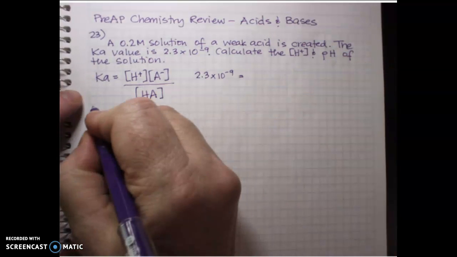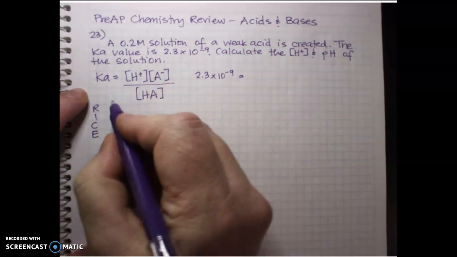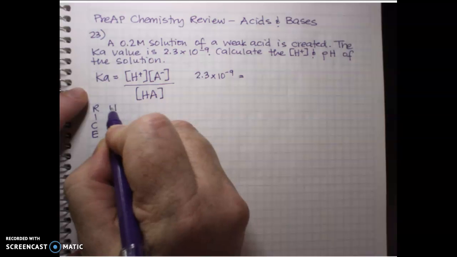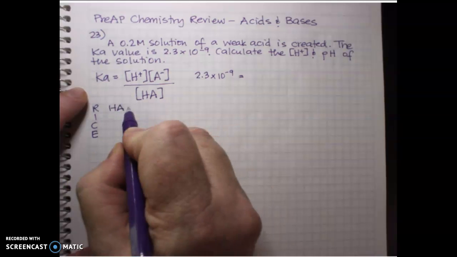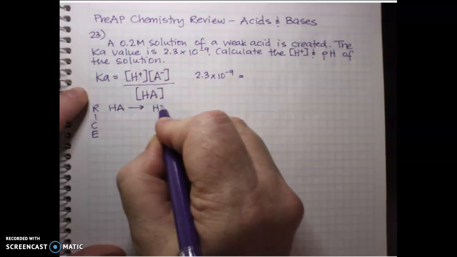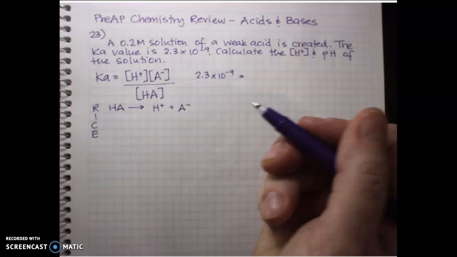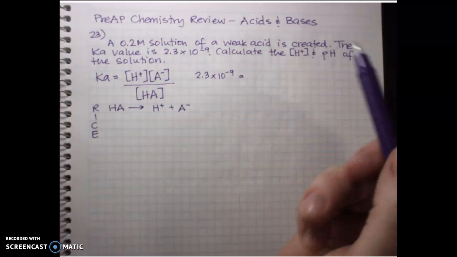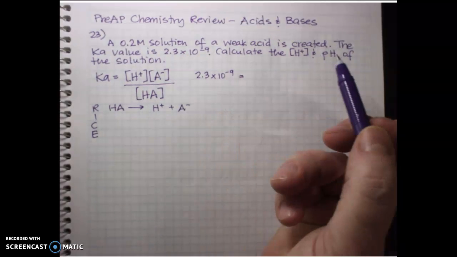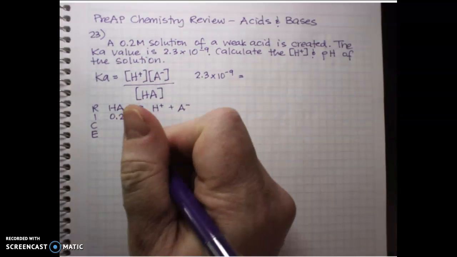So we're going to do our RICE table. We have our weak acid dissociating into our hydrogen ion and any anion, whatever that is. Our initial concentration is 0.2 molar of our reactant.